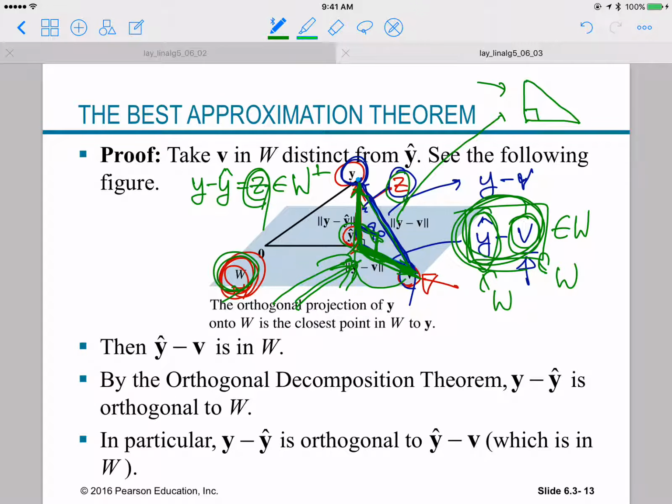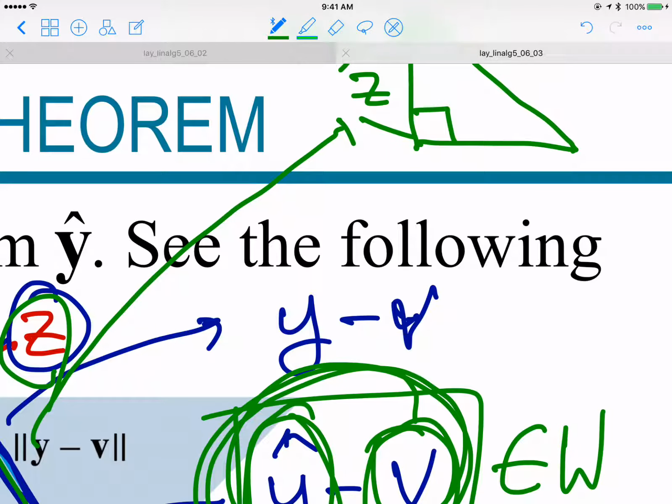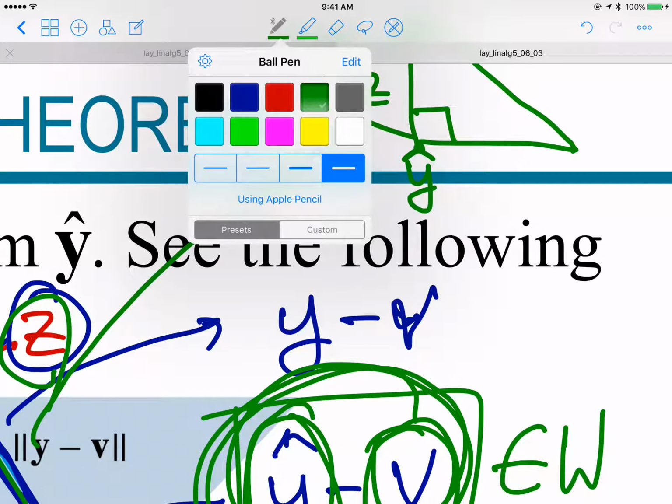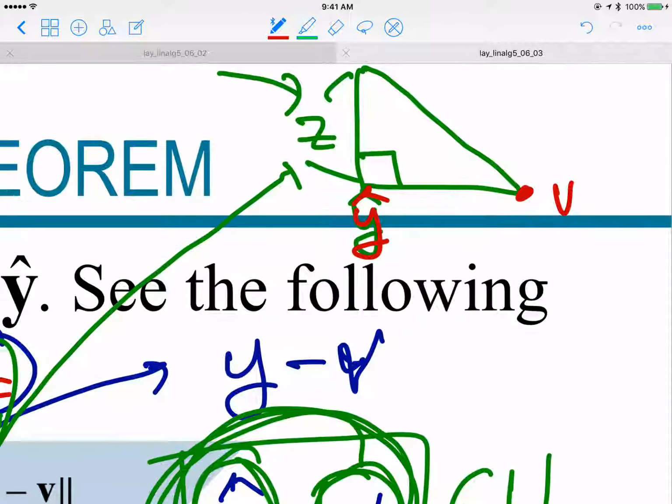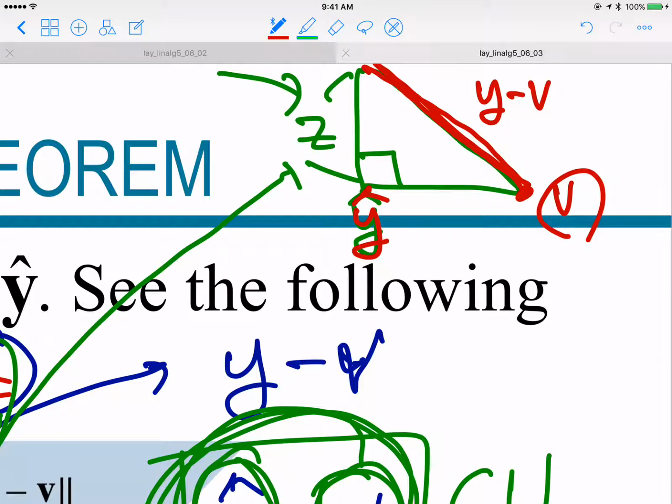This one will have a 90 degree, and this one will have a vector Z, and this one will become Y hat. This one is the additionally chosen vector V, and this is Y minus V, which is the new residual. So you picked up V, and then the new residual will become Y minus V.